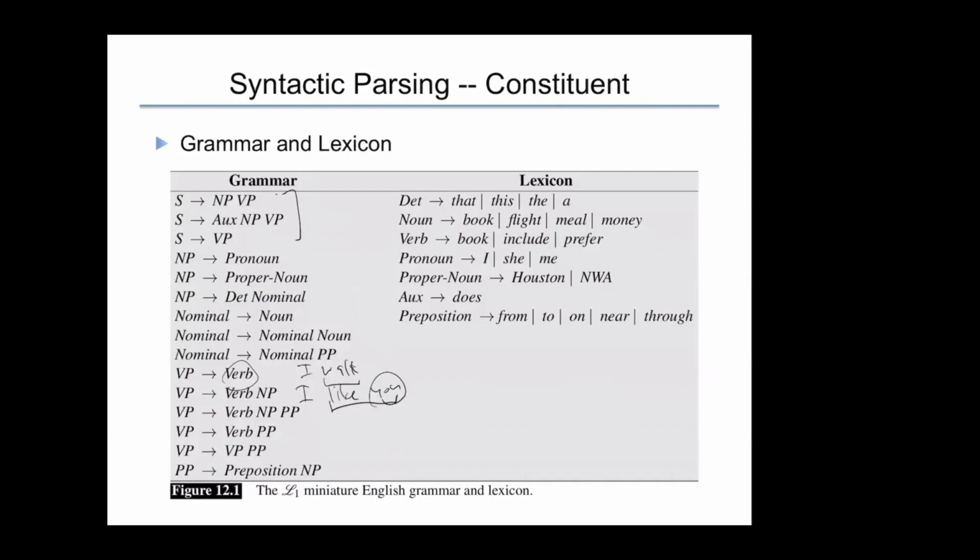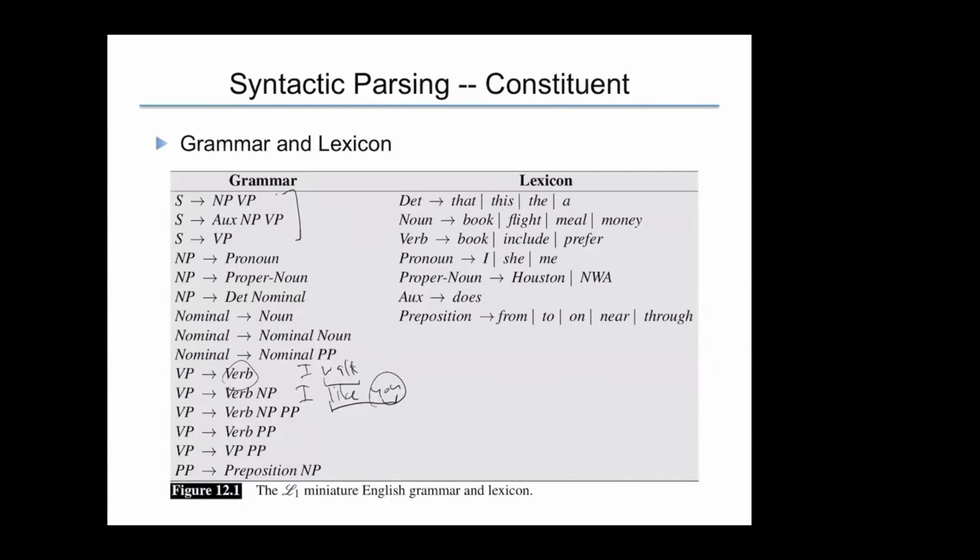You can start from S and move to NP and VP, or maybe you have an aux in front of NP and VP, or it might be just VP alone in some cases. And these rules, basically, together define the grammar with the lexicon, of course. Lexicon is all the vocab words. It's a fancy way of saying the vocab.